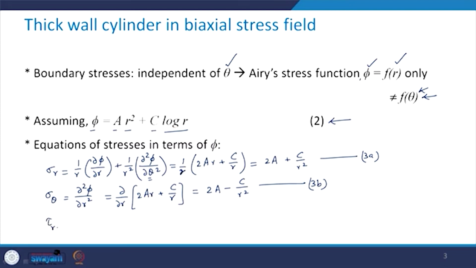Then tau r theta will be equal to 1 upon r square del phi del theta minus 1 upon r del 2 phi del r del theta, and what will be this? This will simply be equal to 0 because phi is not a function of theta. So, differentiation with respect to theta will be equal to 0. So, that is how we can obtain these equations of stresses in terms of phi.